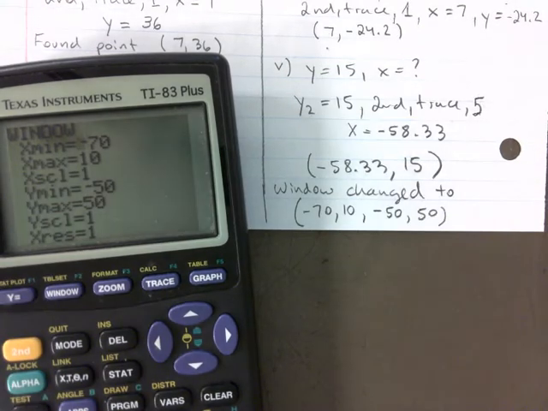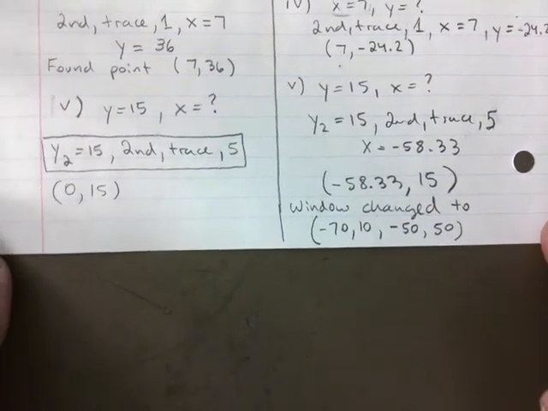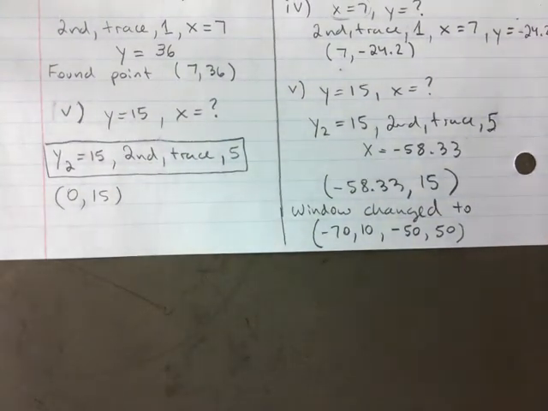That way I'm able to see the graph. I hope this makes a little bit of sense. I know you're still unsure, but window is your friend. You need to be able to make changes to it accordingly. So you've got to be troubleshooters.